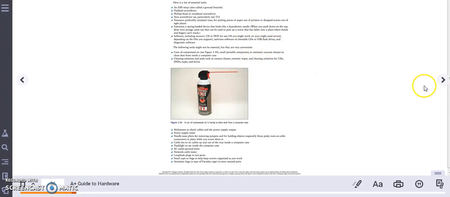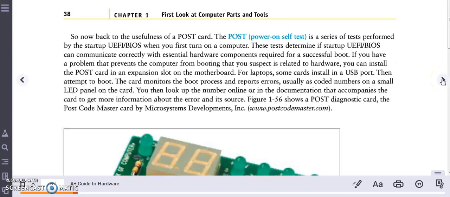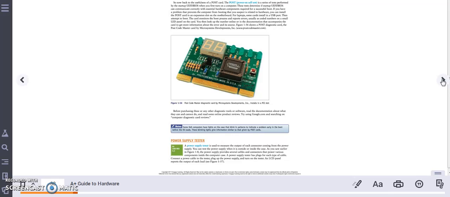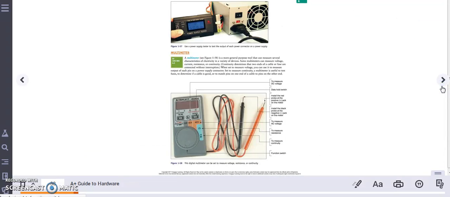Here are some more tools and a checklist. Here we go, talking about post-diagnostic cards. Another diagnostic card. Here's a power supply tester. Most people aren't going to spend the money to diagnose a power supply.